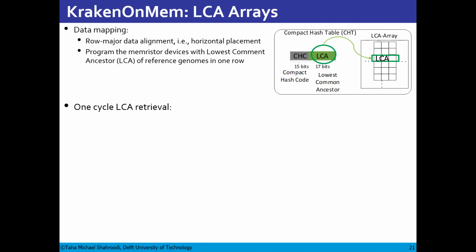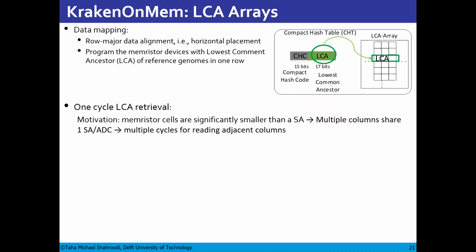Our LCA array applies a revised data mapping, allowing the design to retrieve the label in one cycle. This mapping is needed because of the limitation of shared sense amplifiers among columns in emerging memories. In these technologies, the memory cells are significantly smaller than the size of a sense amplifier.